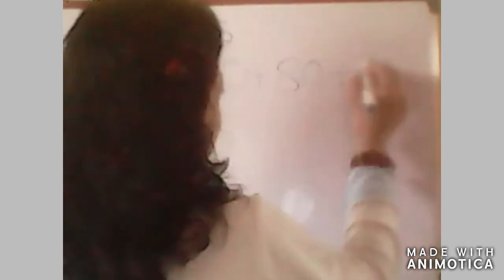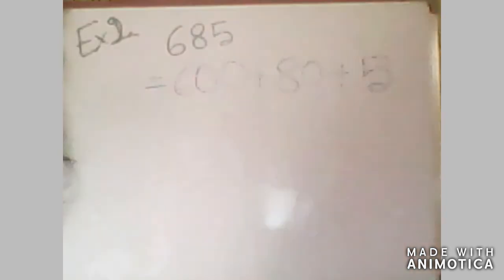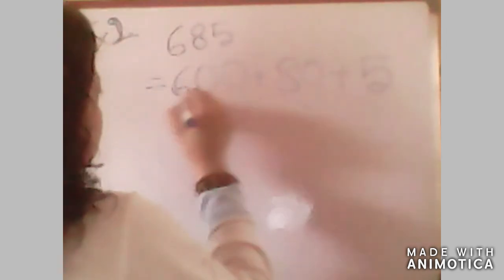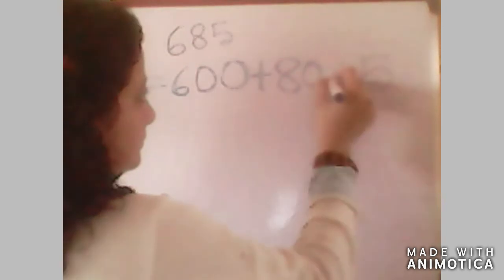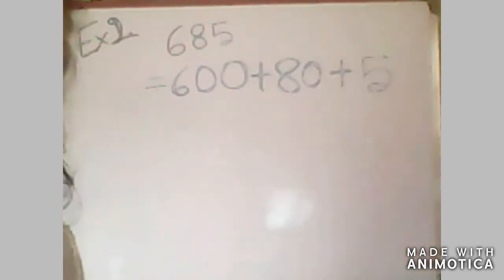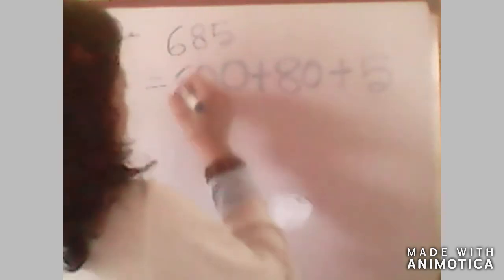Next example is 685. As usual, we will split it into 600 plus 80 plus 5. Now for 600, there is no own numeral.